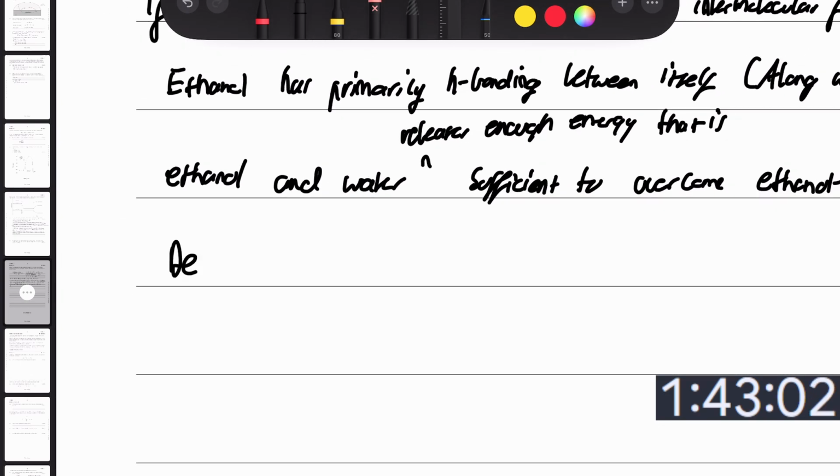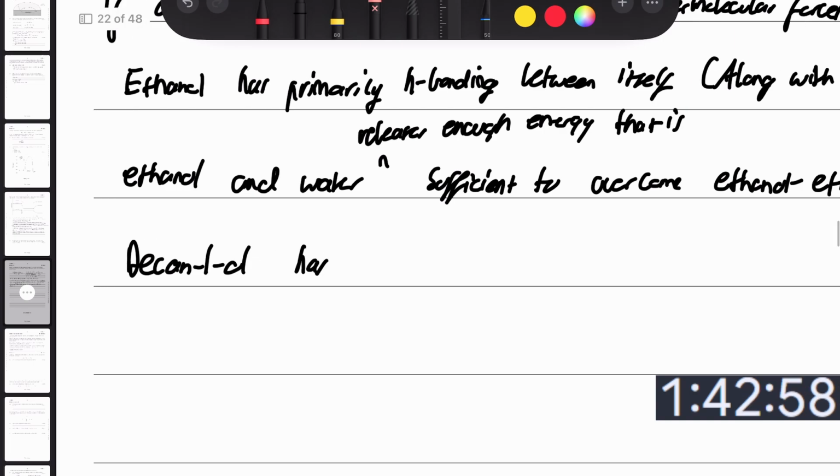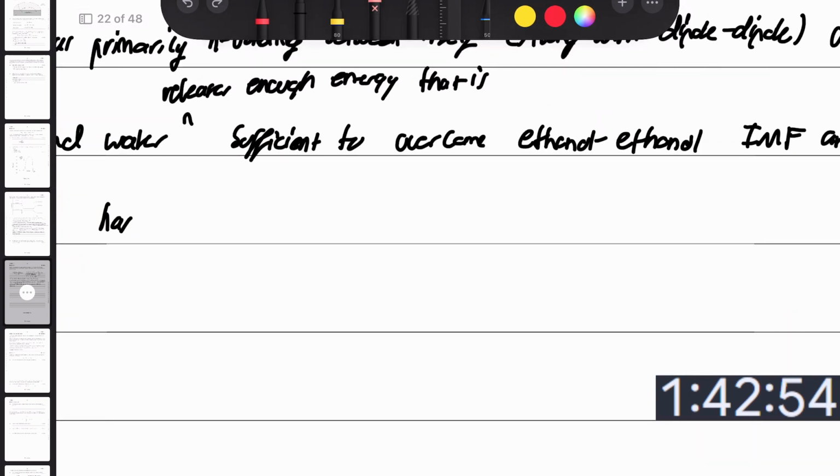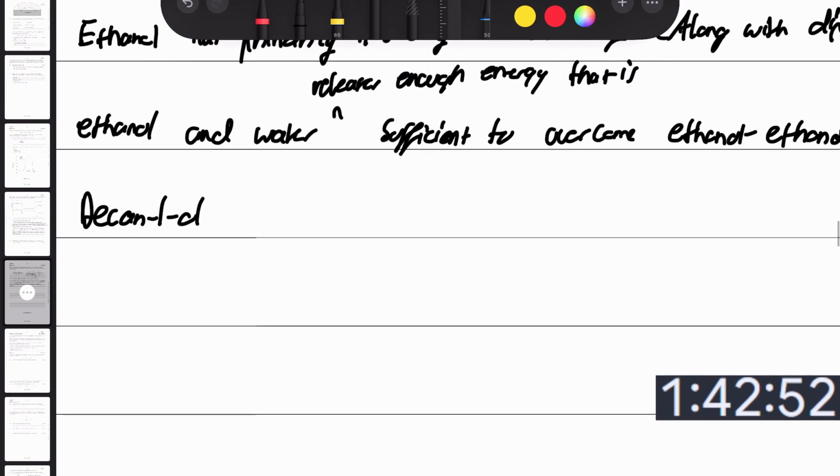Decan-1-ol. Hence dipole or is largely nonpolar.